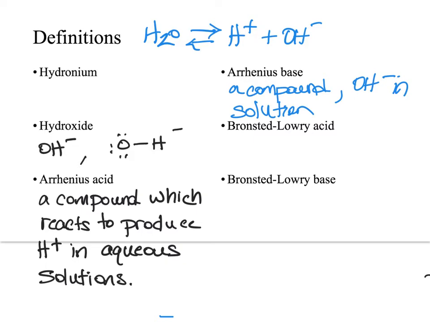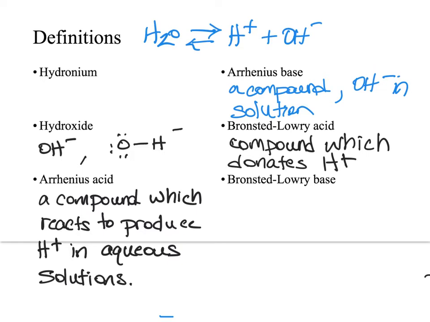The Bronsted-Lowry definition says that an acid is a compound which donates hydronium, and a Bronsted-Lowry base is a compound which accepts hydronium.